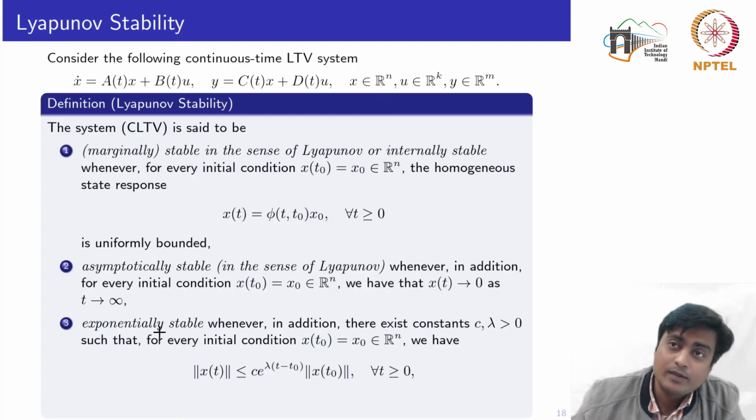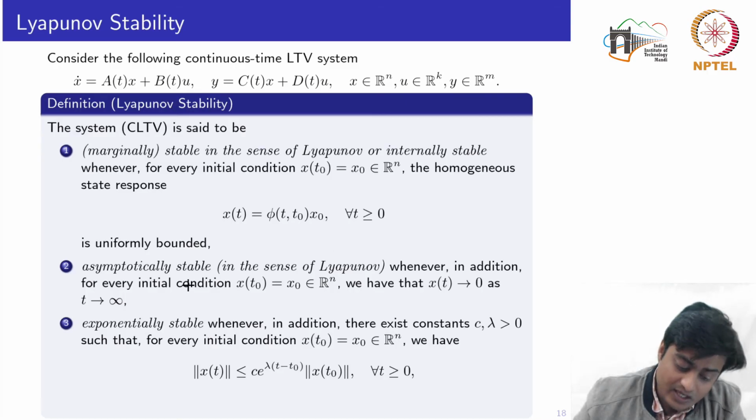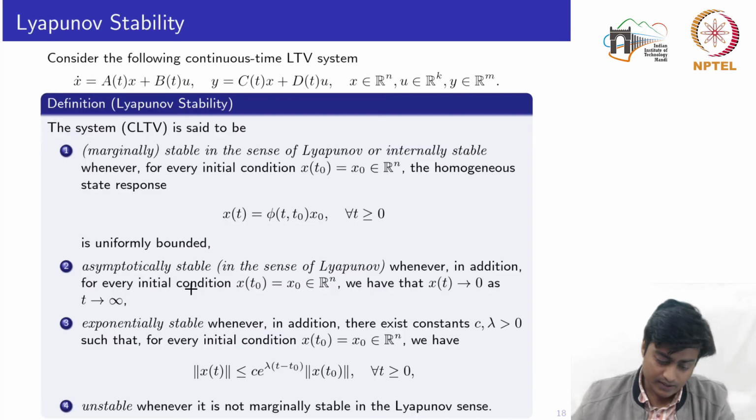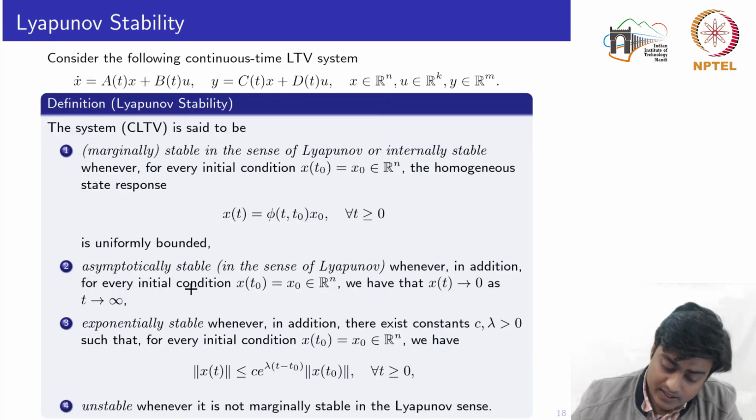This exponential stability we have not seen in the definitions earlier, but for linear systems we know already that the response is basically an exponential response, irrespective of whether you are in the time invariant or the time varying case. This is the reason we have included exponential stability, since the response is an exponential behavior. Again, unstable means not marginally stable in the Lyapunov sense.